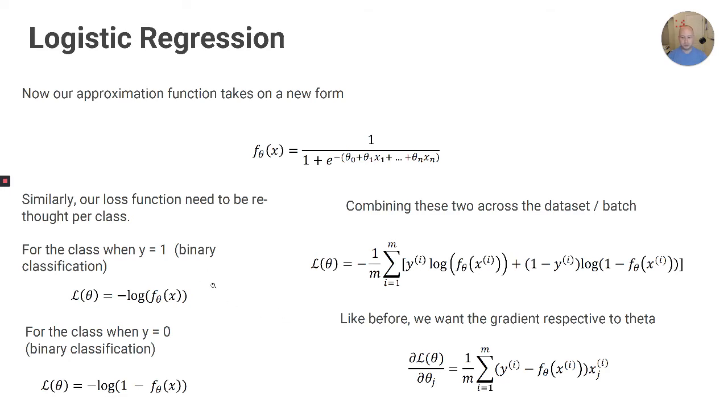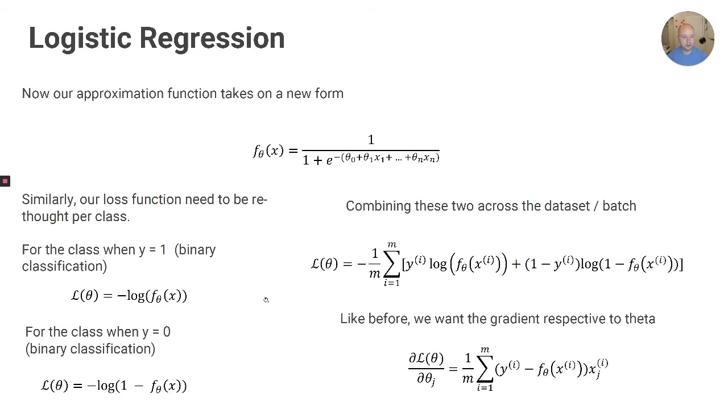What we want to do is, when the class is equal to 1, we want our loss to be this function here. And why do we use log? Because log, in the case of this sigmoid, as the value gets closer to 1, one moment.